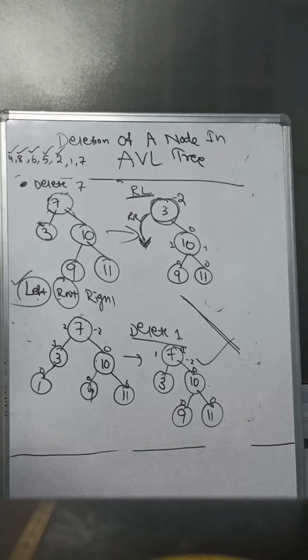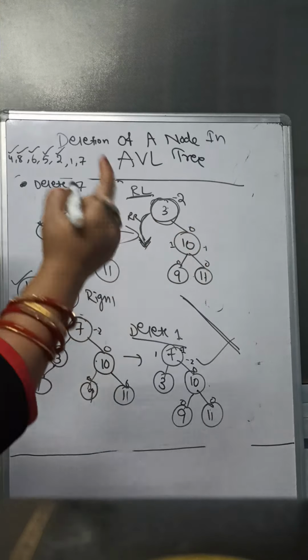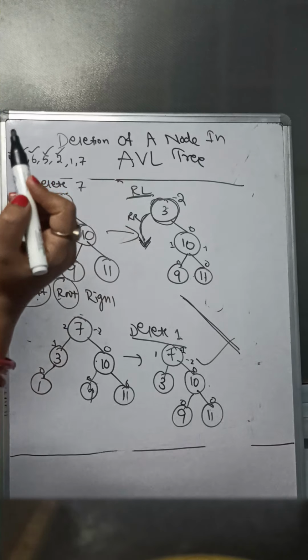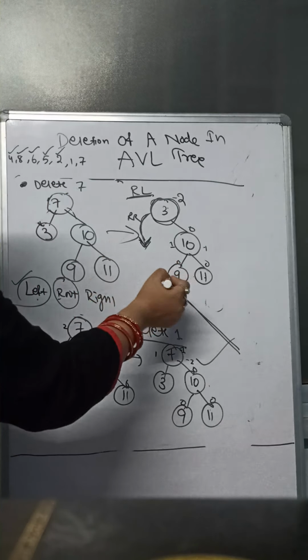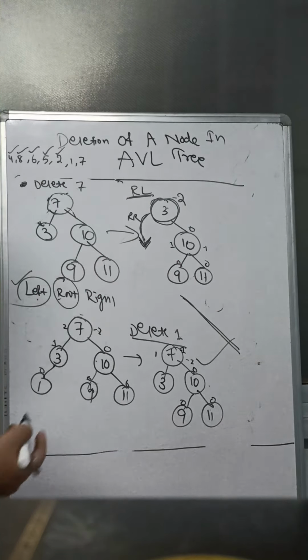Then I have to take a node from the right part so that it satisfies the BST rule, that is, the root must be greater than the left subtree and smaller than the right subtree. So now 9 satisfies that.